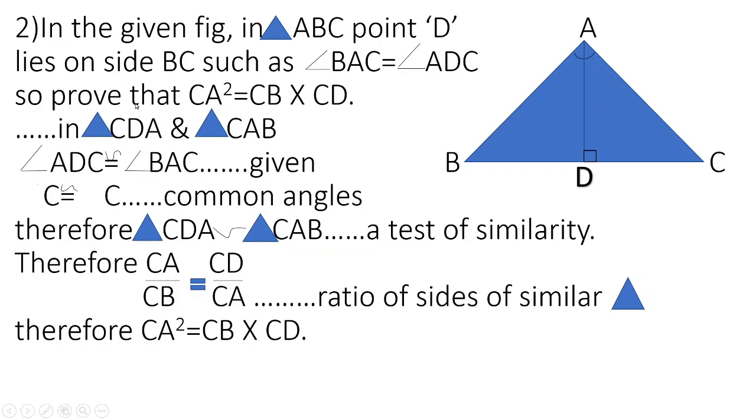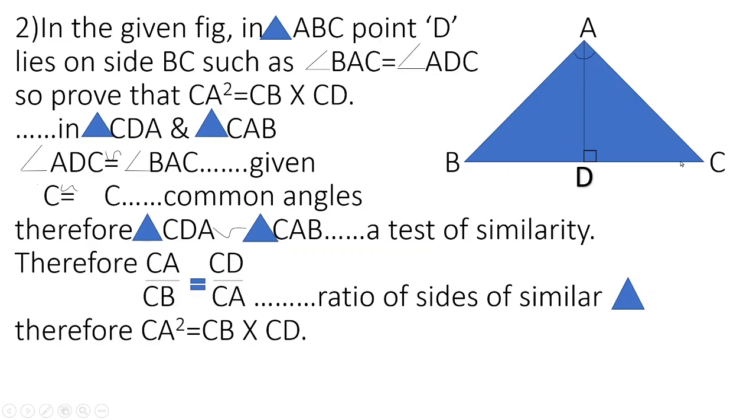We have to prove that CA square is equal to CB into CD. Listen carefully. You can see here point D, which lies in this way, that angle BAC, this angle, is equal to angle ADC.